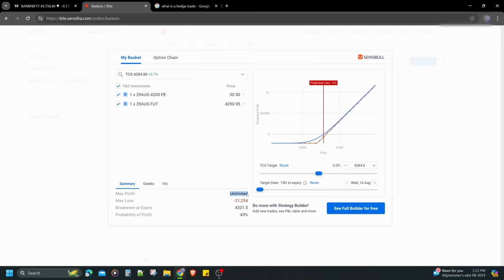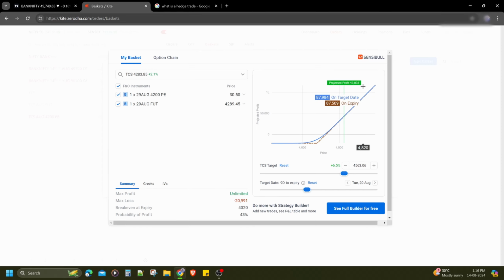If I increase the TCS share price by 5% in the next 5 to 10 days, by 20th August I will get 31,854 rupees as my profit. If it increases by some more percentage, my profit will go upward.